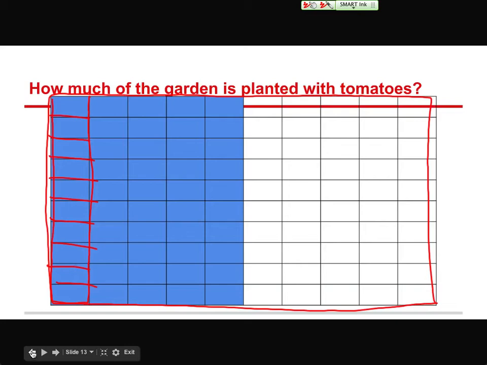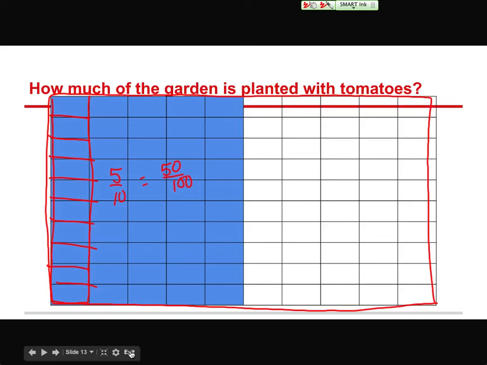Which is why we can say that 5/10 or 5 of the 10 rows is the same as 50 of these little 100 squares. Does that make sense? That 5 out of 10 and 50 out of 100 are equal to each other?